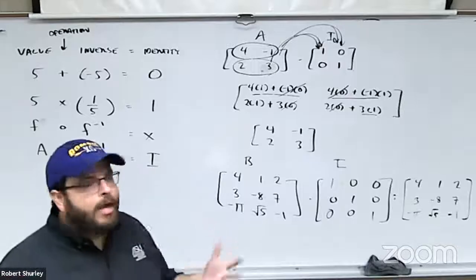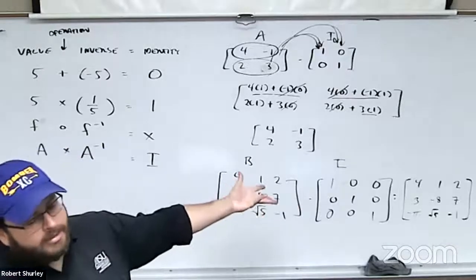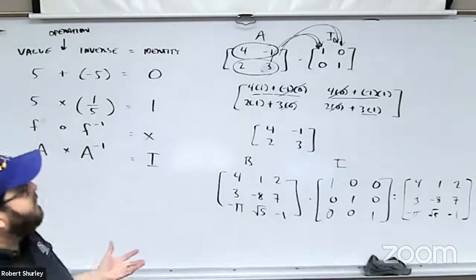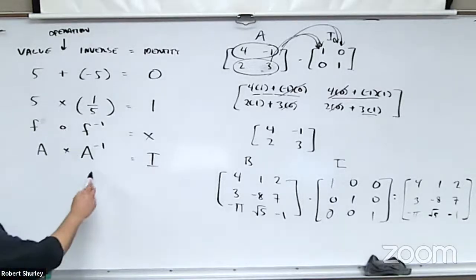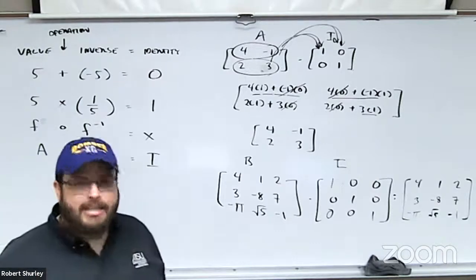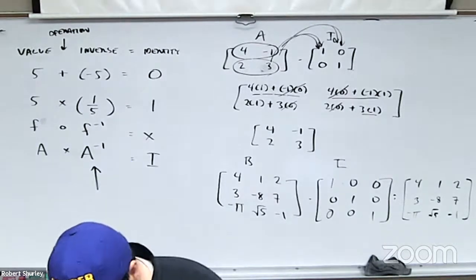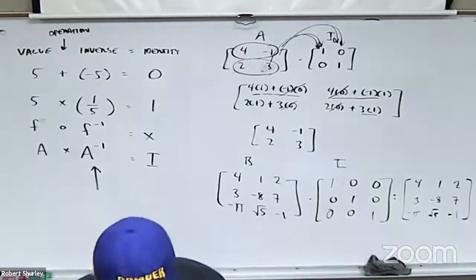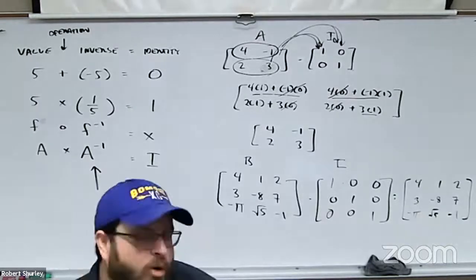Now, that's not hard. I mean, arithmetic wise it's difficult, but it's not hard to understand as a concept. The harder concept is actually finding the inverse. Okay, finding the inverse. And there's a very tough and convoluted way to find the inverse, and we're not going to go over that.